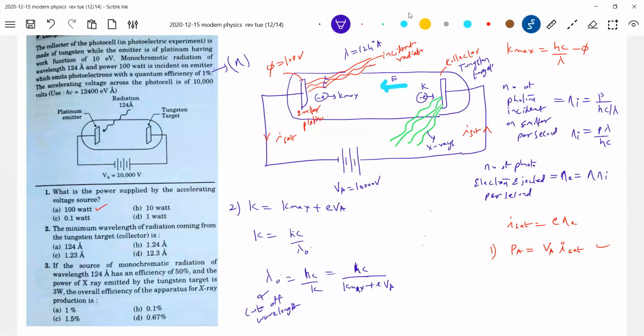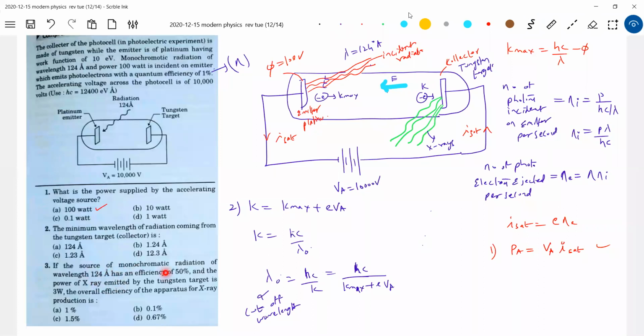Okay, this we know. You can see the third part is really making you think very hard.